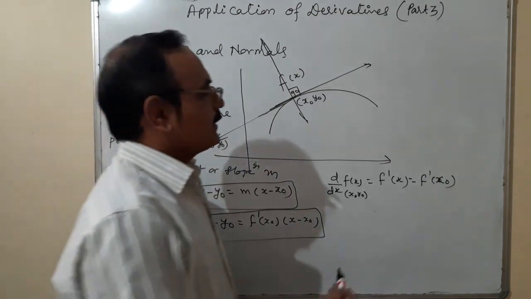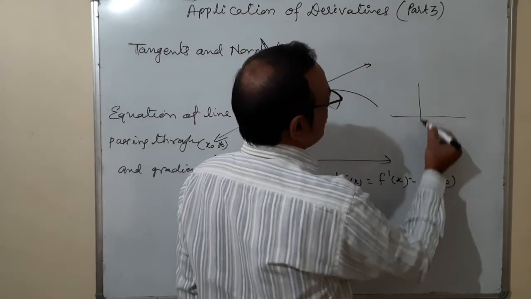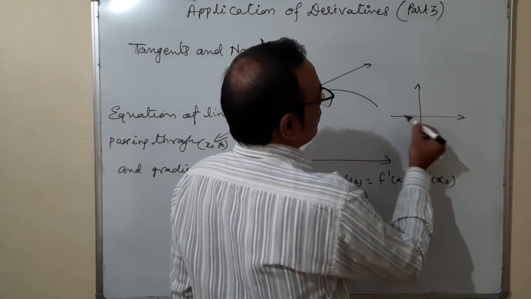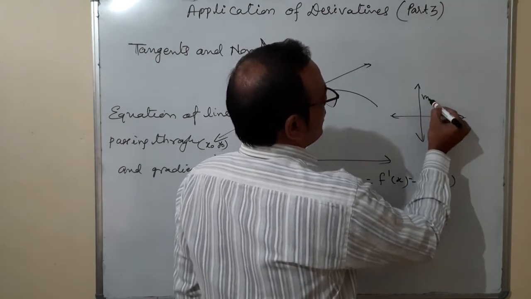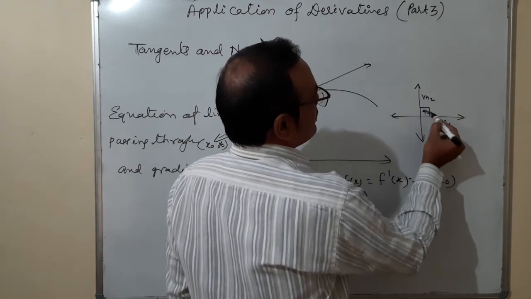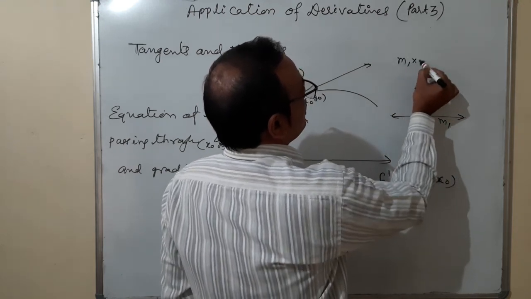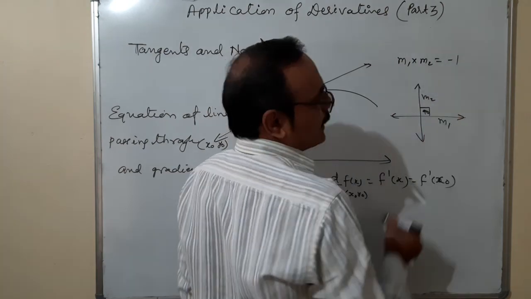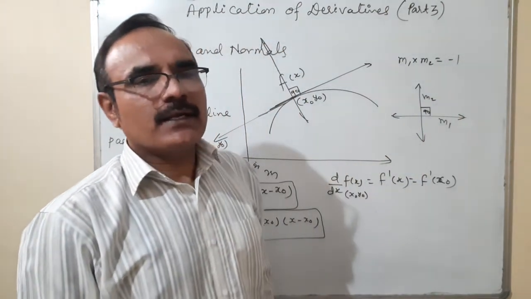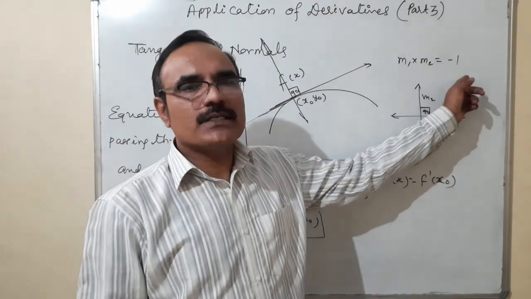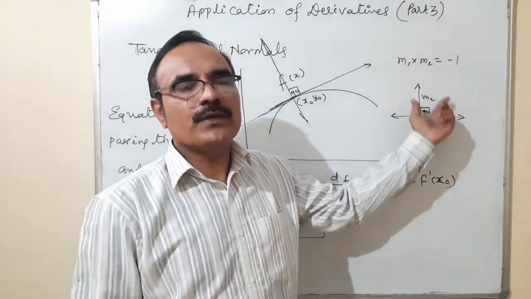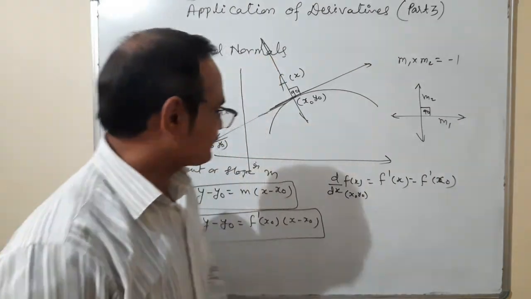We know that if two lines are perpendicular to each other, and the slope of the first line is m1 and the second line is m2, with the angle between them 90 degrees, then m1 into m2 is equal to minus 1. The product of the two slopes is minus 1.